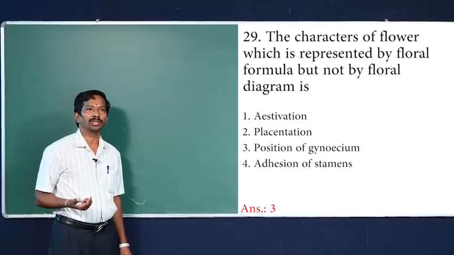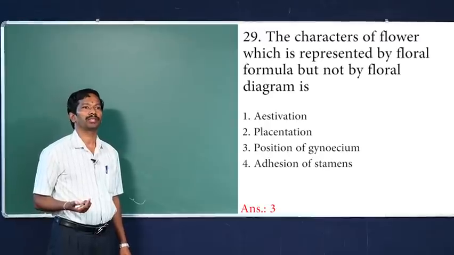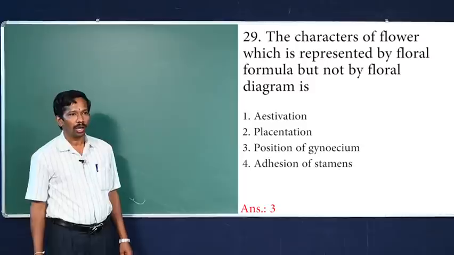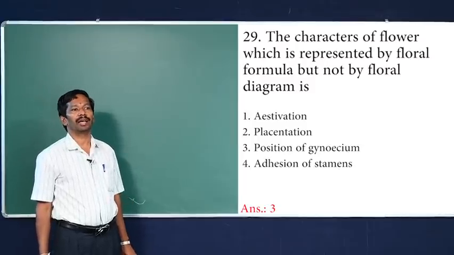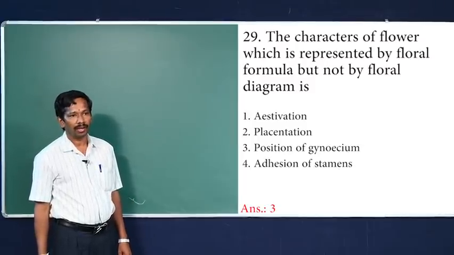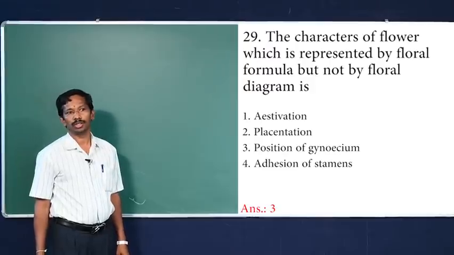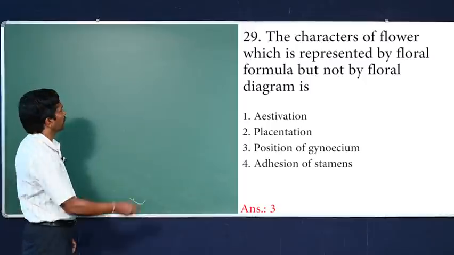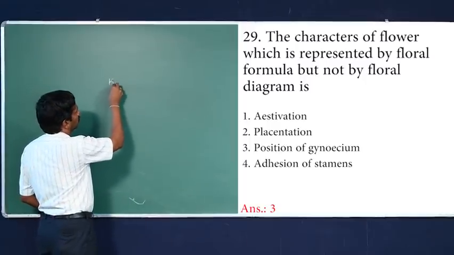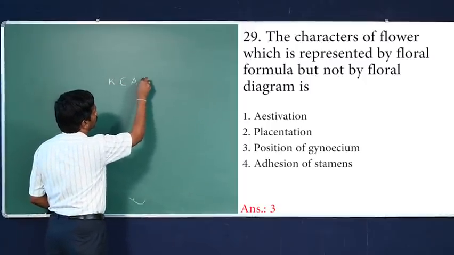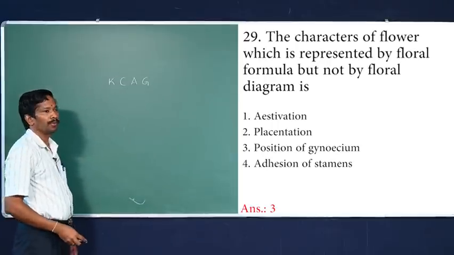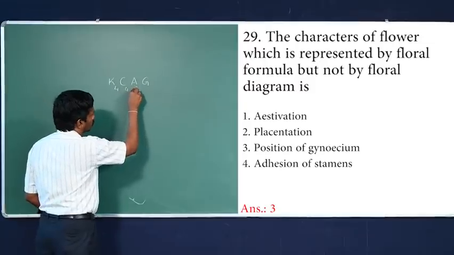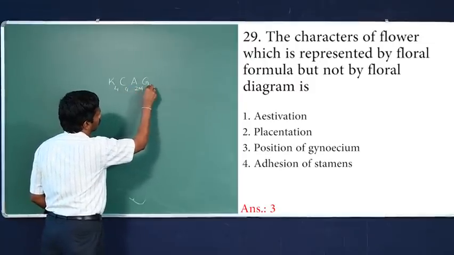29. The characteristic feature of a flower which is represented by the floral formula but not by the floral diagram is? Answers are aestivation, placentation, position of gynoecium, and adhesion of stamen. Answer should be position of gynoecium, because in the floral formula we can represent calyx, corolla, androecium, gynoecium with numerical values, and the numbers may be 4, 2 plus 4, 2.